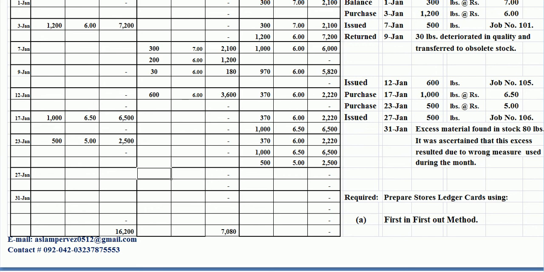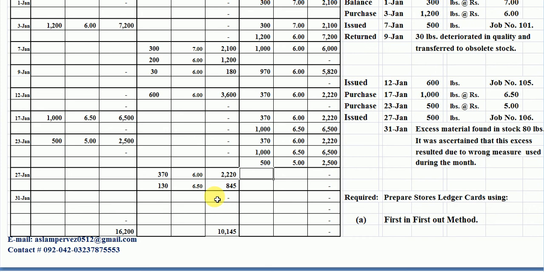We take this material first because we are using the FIFO method. The rate is 6 per pound. The remaining 130 pounds we take from the second lot. The rate is 6.5.